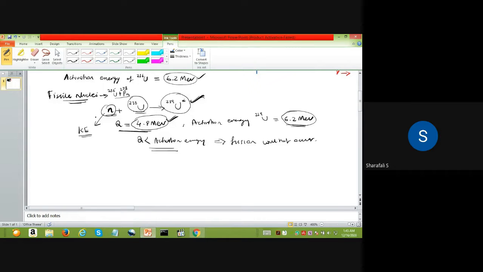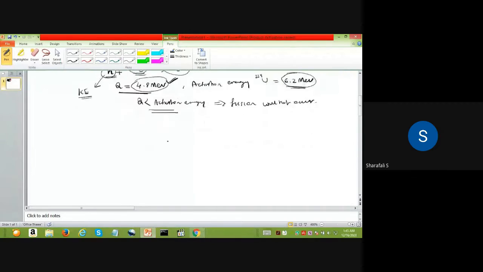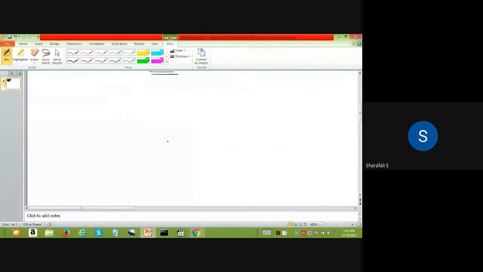Now, if you look at the fragments after the fission process, what will be the fragments or daughter nuclei which result? There are different types of products for any uranium nucleus you consider. For example, take uranium 236.